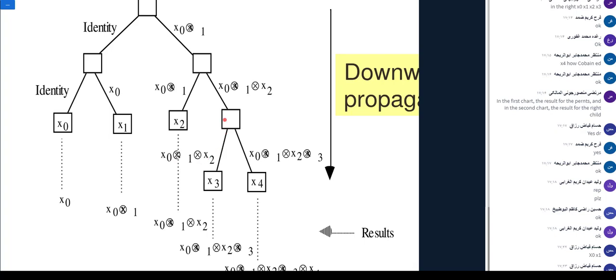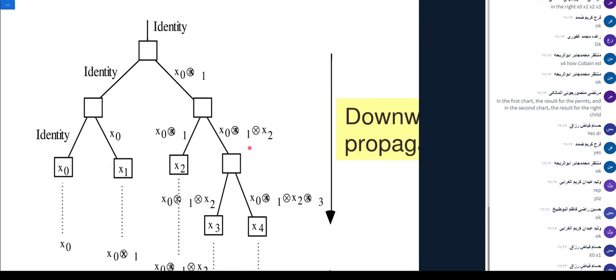How about this? X0 X1 X2 X3. This one. And this edge: X0 X1 X2 X3 X4. This one.